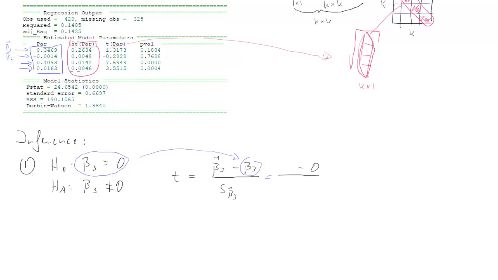Then we want the estimated coefficient for beta hat 3, that is going to be 0.1093, divided by the standard error of beta hat, that's 0.0142.